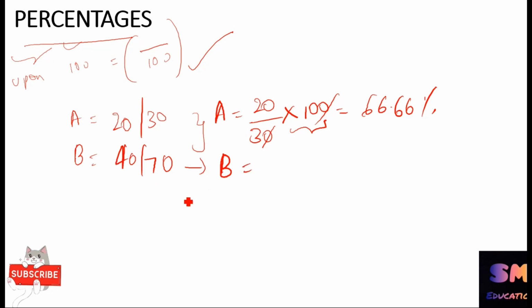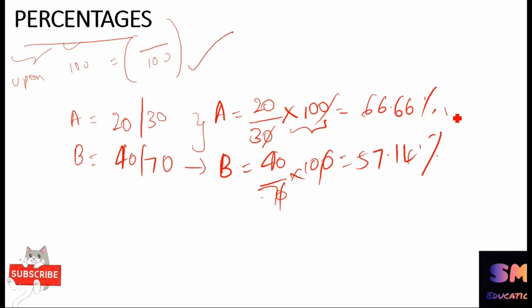Calculating the percentage of student B gives 40 by 70 into 100, which is 57.14%. By clearly observing the percentages of A and B, we can definitely say that student A performed better in the examination based on the given data.